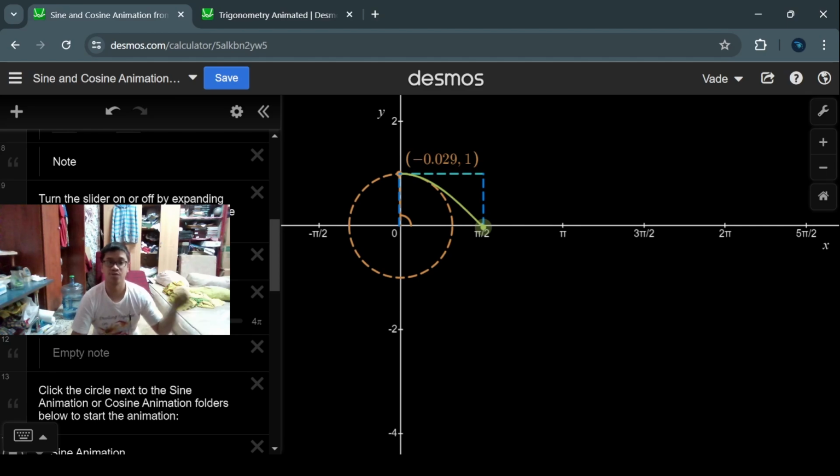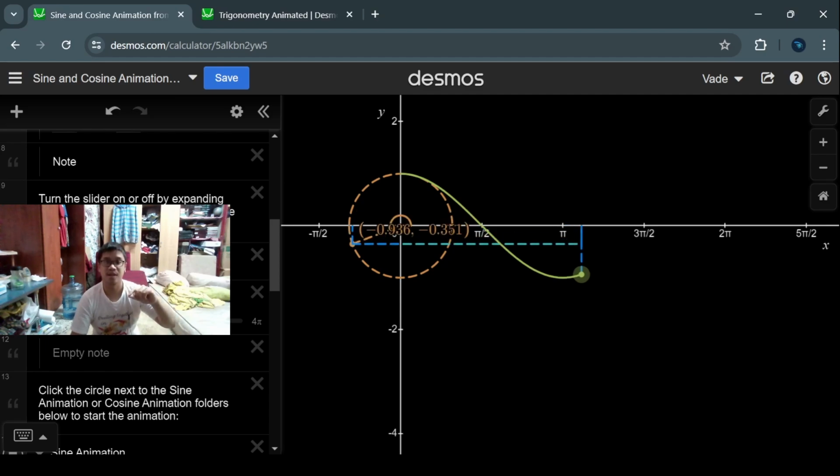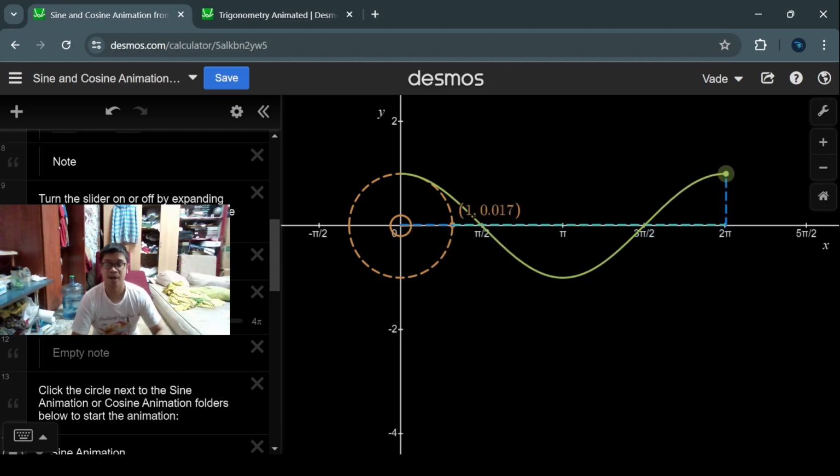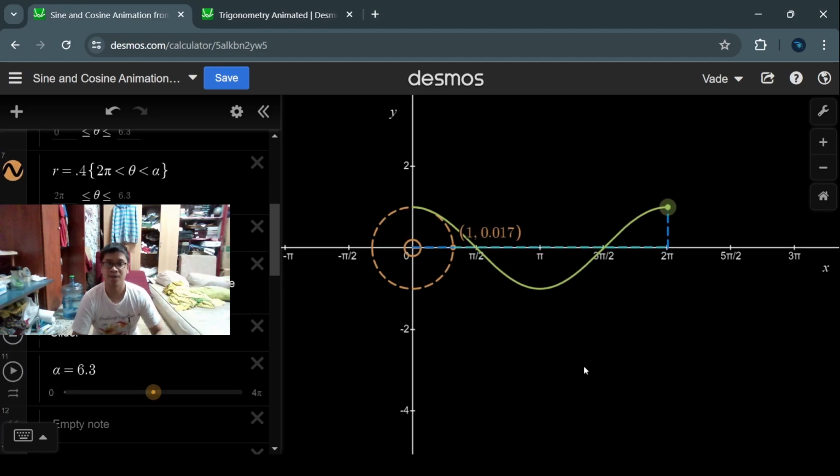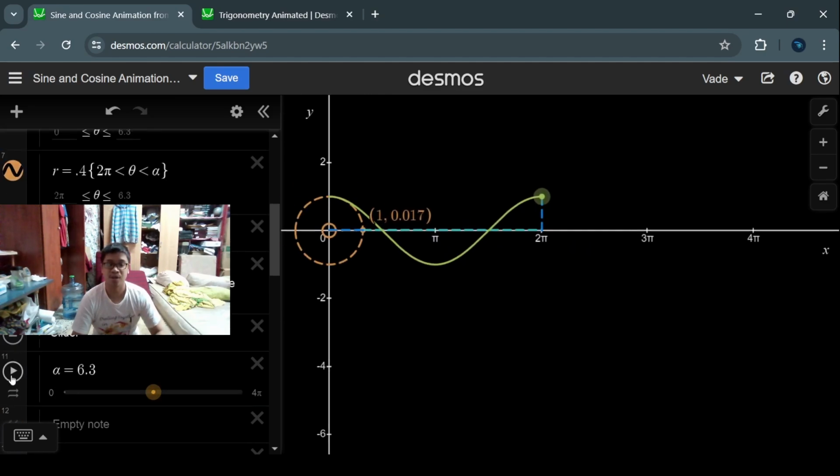Then going to 180 degrees, it will look like this. Then going to 270, it will look like that. Then going to 360 degrees, it will look like this. Then the pattern repeats and goes further like that. So that is the graph of cosine.